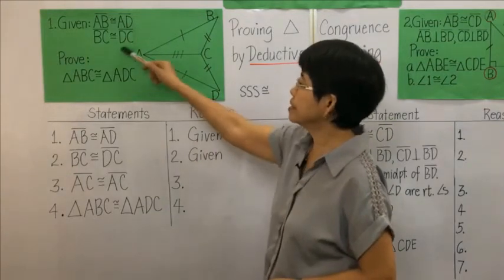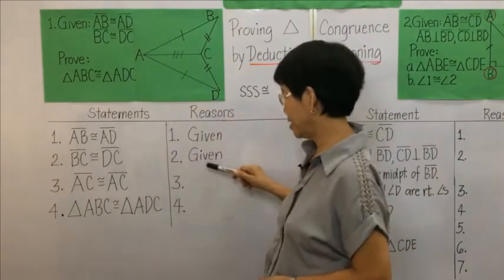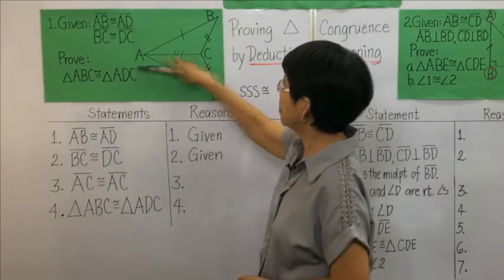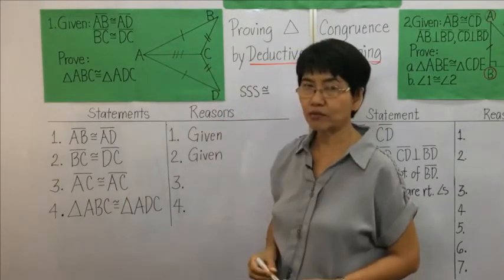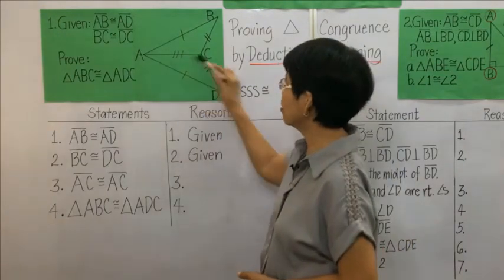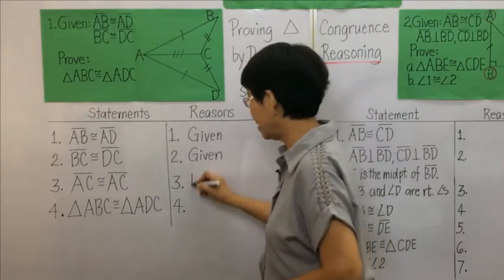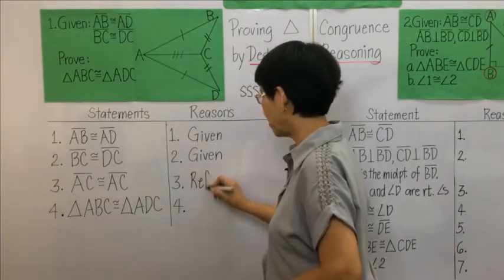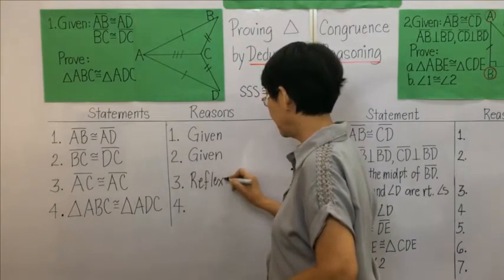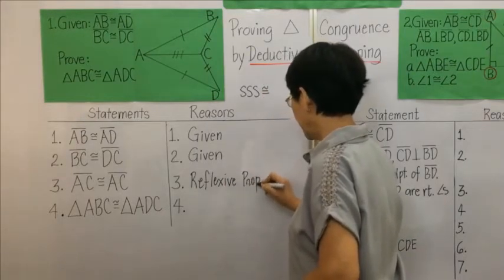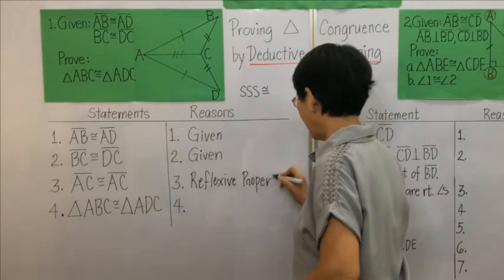Then BC is congruent to CD, given again. Then another obvious part which is congruent to itself is AC is congruent to AC. So this is by the reflexive property of congruence.